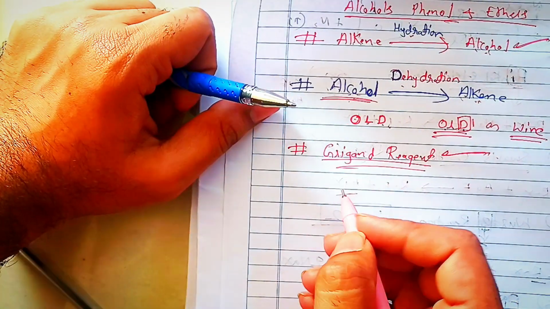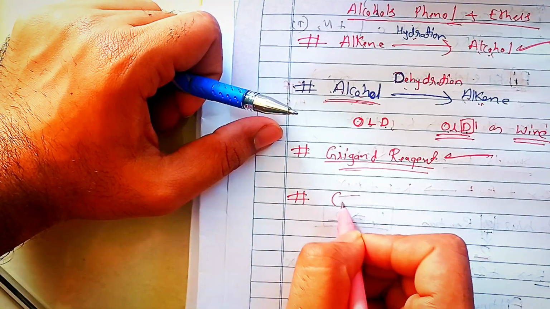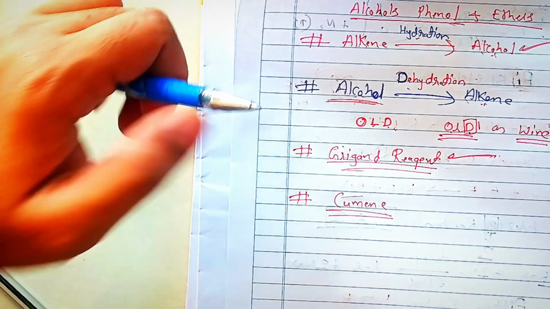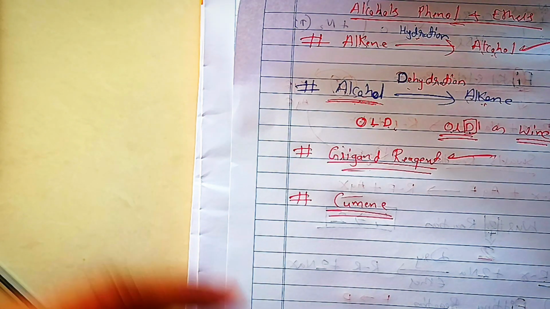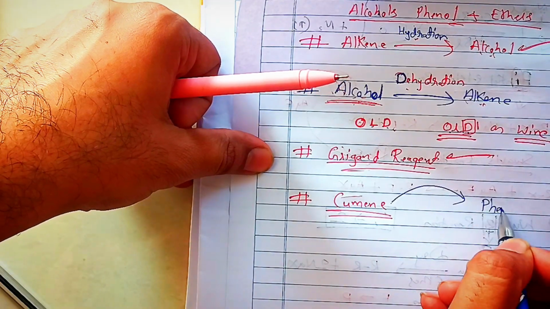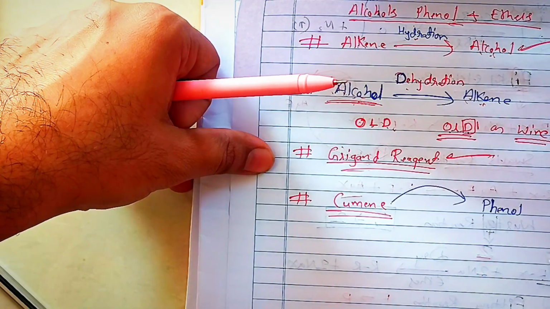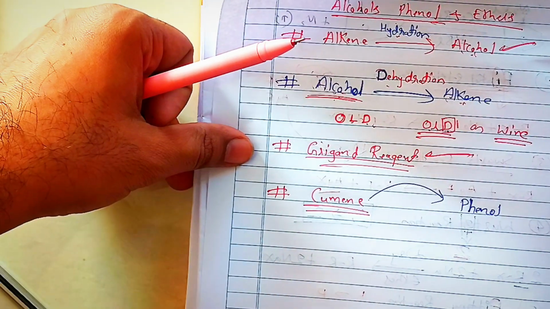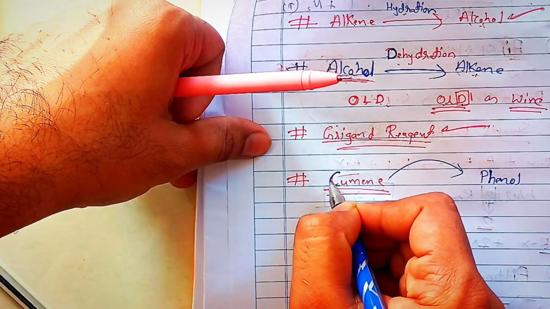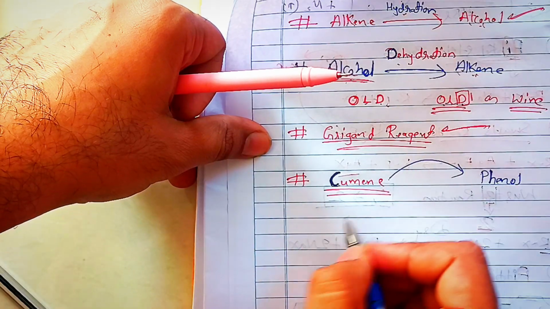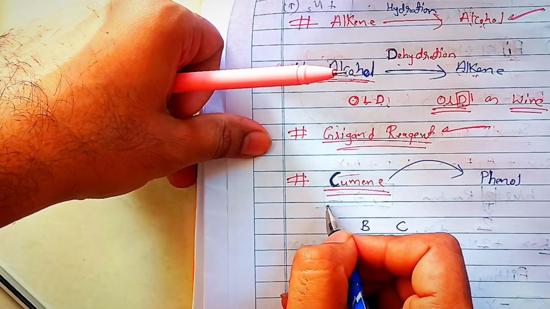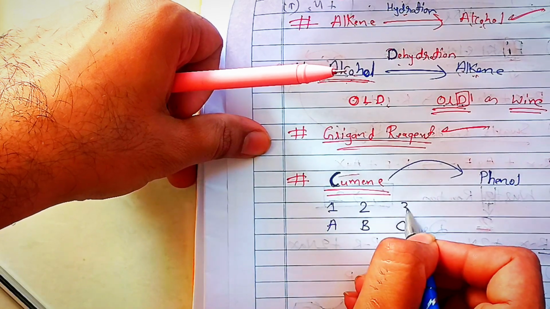Now we can directly go for the reaction here, which will be the Cumene reaction. By cumene we will prepare the phenol. In alphabetical order, where do we get this C? A, B, C, 1, 2, 3.